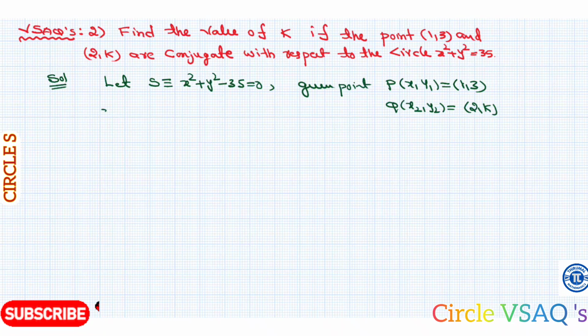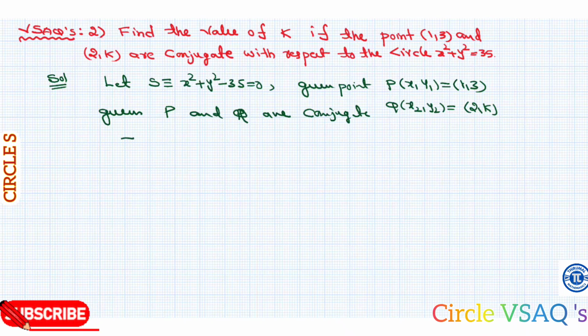Okay, here given P and Q are conjugate points. Then it implies we have the condition S12 equal to 0. For the given circle, the notation of S12 is x1 x2 plus y1 y2 minus 35 equal to 0.